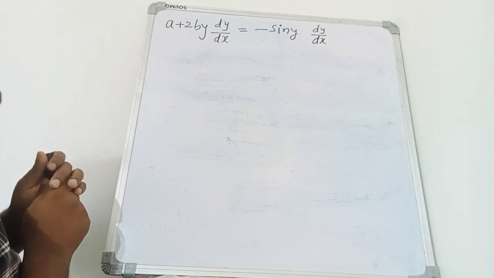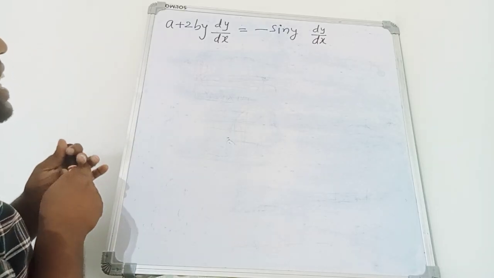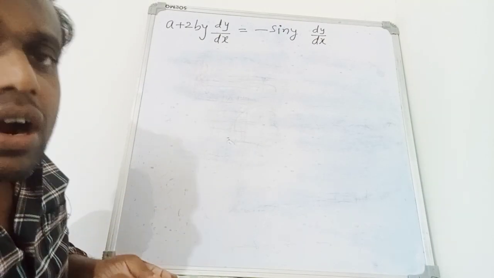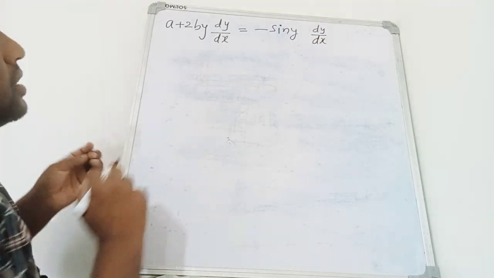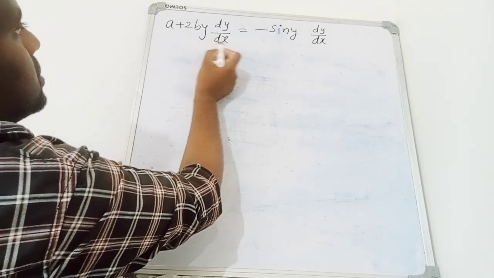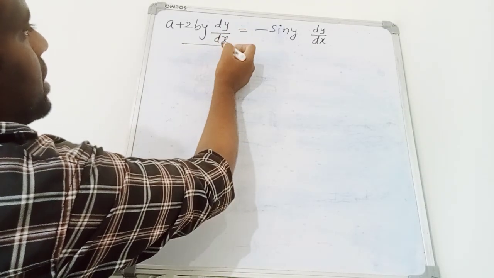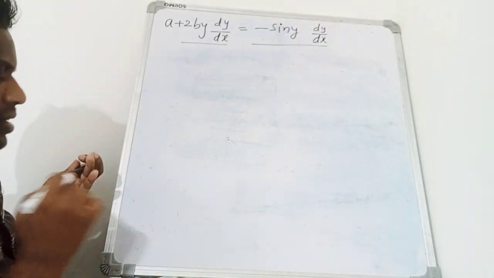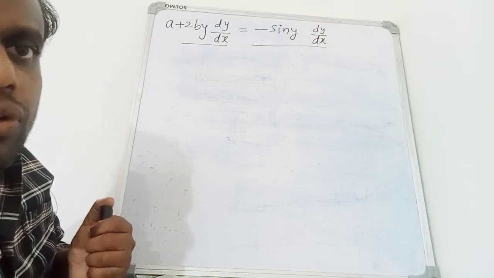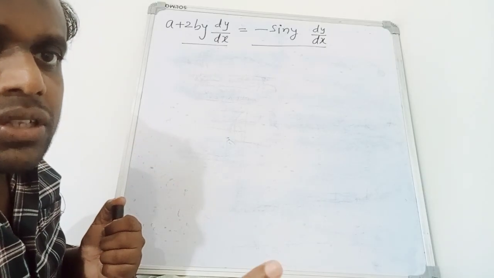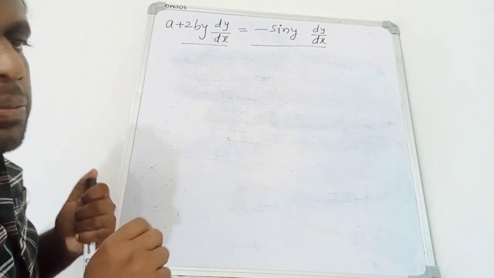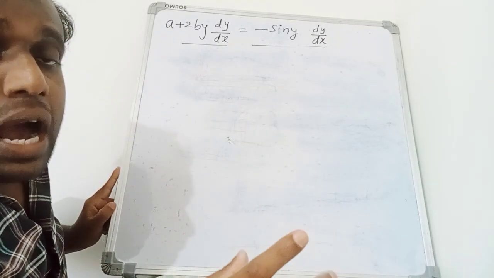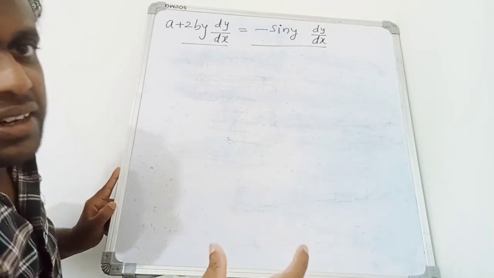Next, what I will do, see first, what we want is dy by dx, right? See here, in this entire thing dy by dx is there. Here in this entire thing, dy by dx is there. First, we have to group the terms that contain dy by dx. That means we have to bring the dy by dx terms together.